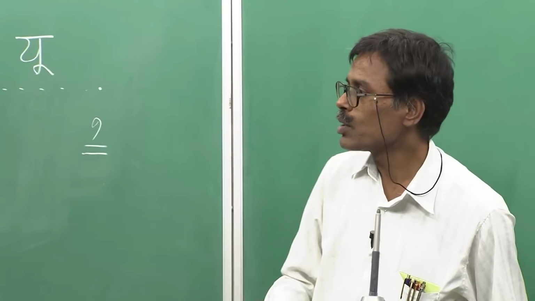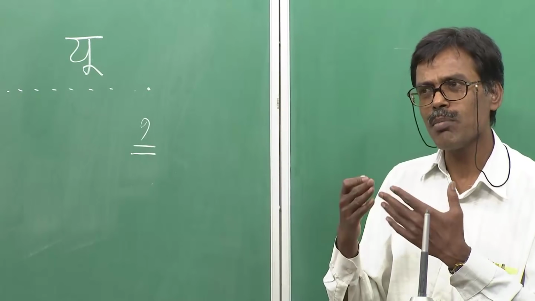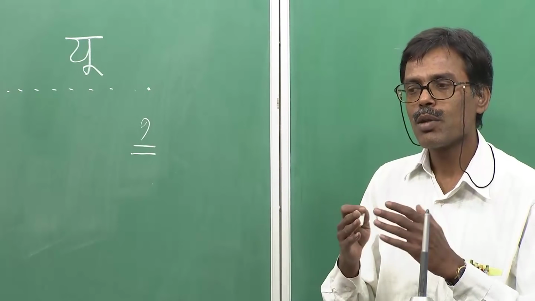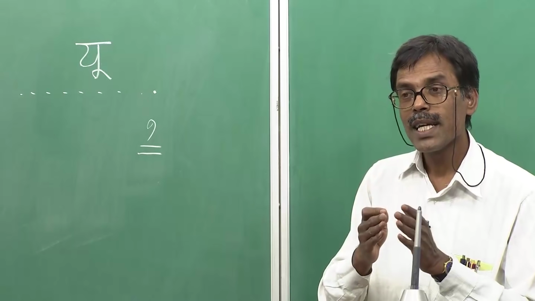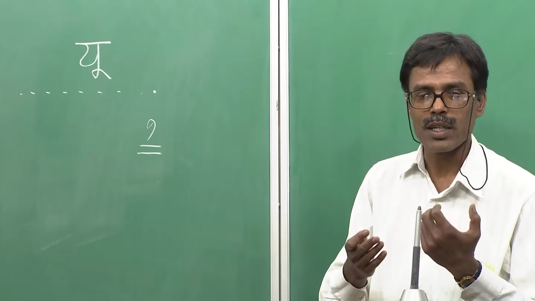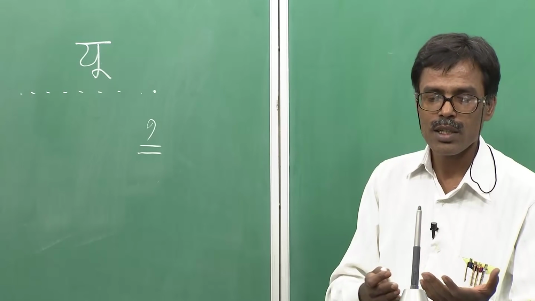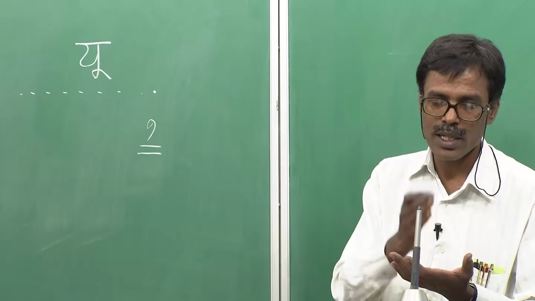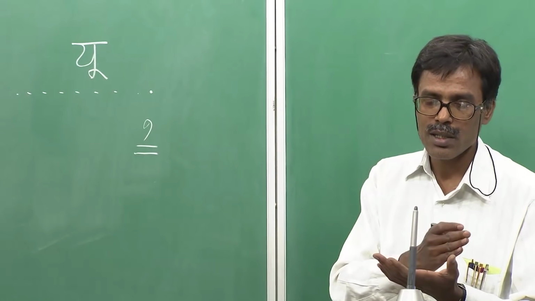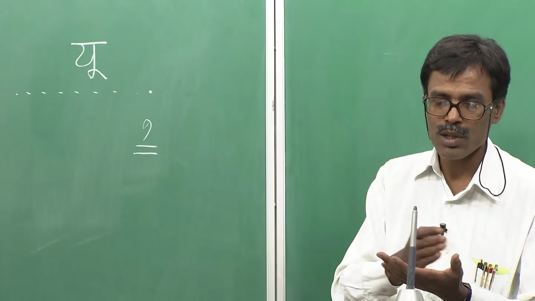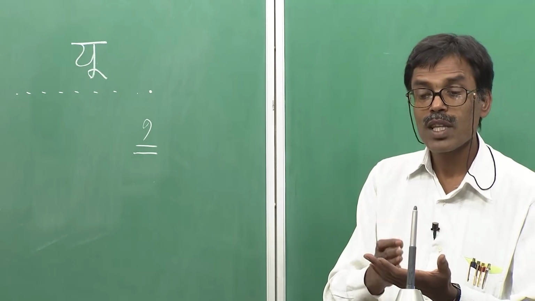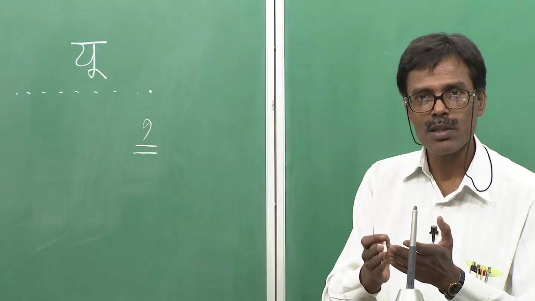Okay, so there are several situations, some logical, some complicated, where putting a comma helps the listener to understand. Even it helps the reader to break the sentence in appropriate places to make the meaning more clear. Okay, so there are situations where you may put a comma, may not.